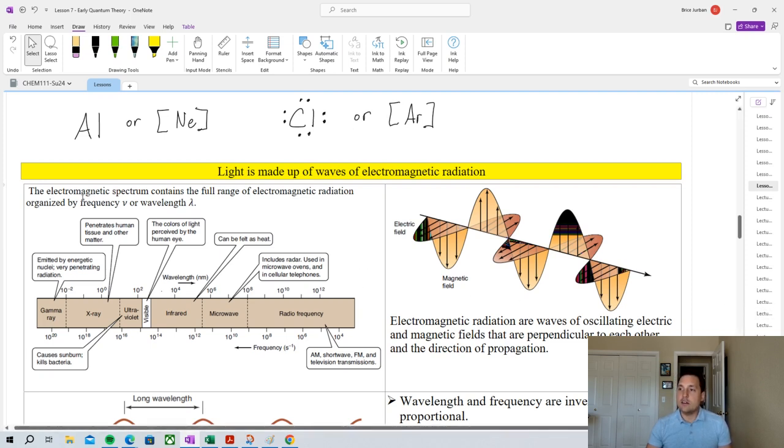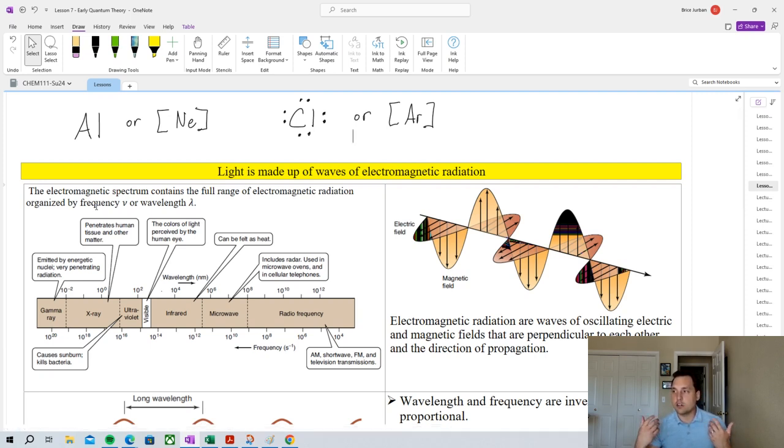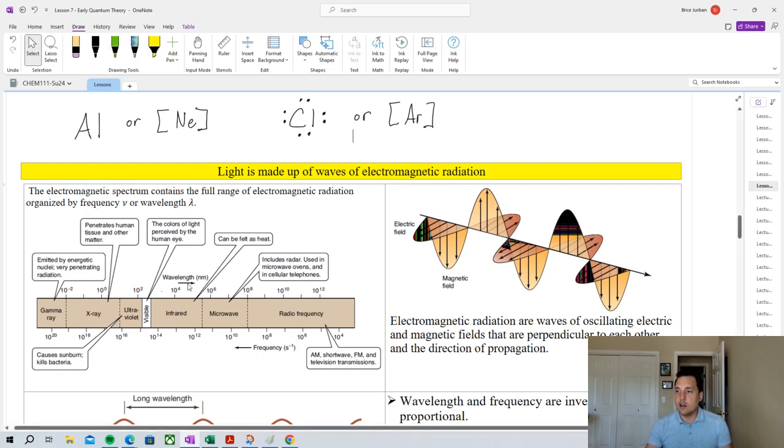The entire spectrum of electromagnetic radiation is called the electromagnetic spectrum. And we can organize all the different types of light, or all the different types of electromagnetic radiation, by the property of its wavelength or by its frequency.